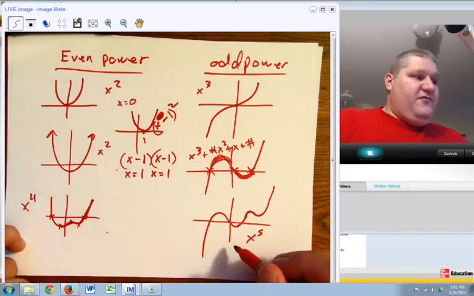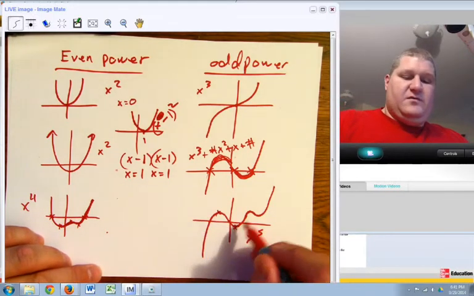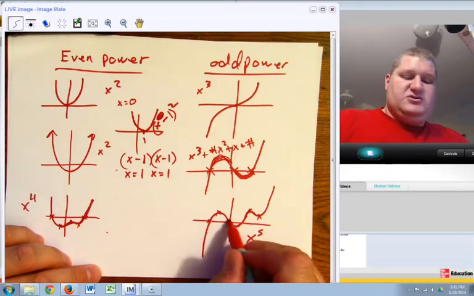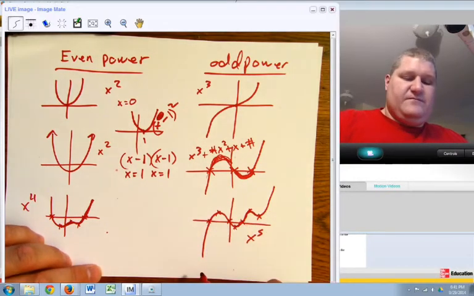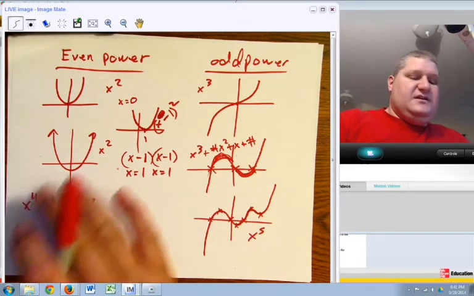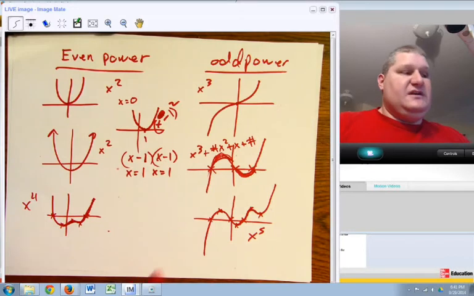Over here for x to the 5th, I have 1, 2, 3, 4 turning points, 1 less than 5, and 1, 2, 3 solutions, not necessarily 5. So we need to begin dealing with what is the general shape of the graph, what does the leading term tell us about it, and I'm going to put a few problems for you.